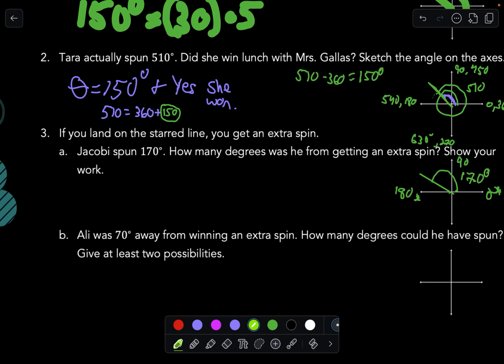They're asking how many degrees was he from getting an extra spin, which means how far away from the x-axis is he. That angle is 180 minus 170, which equals 10 degrees. Okay, 10 degrees is called the reference angle.